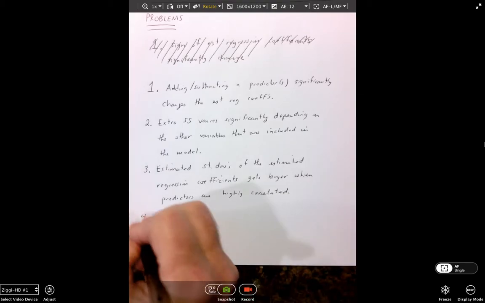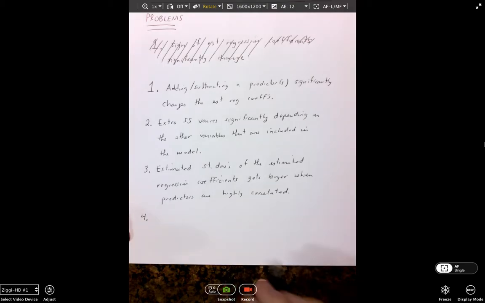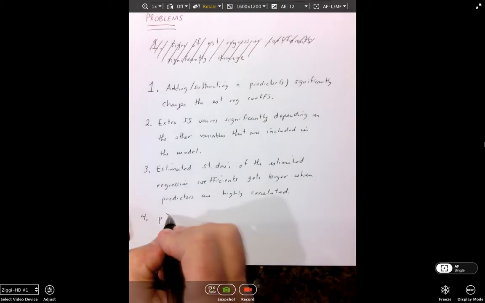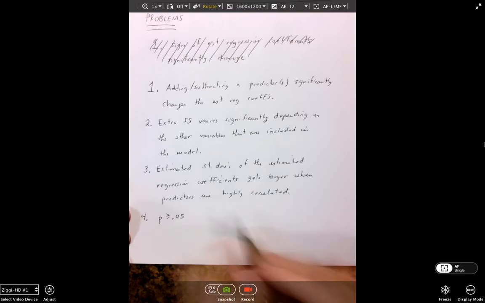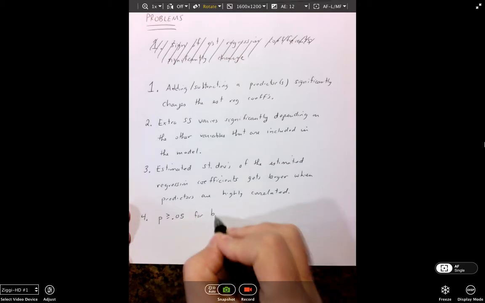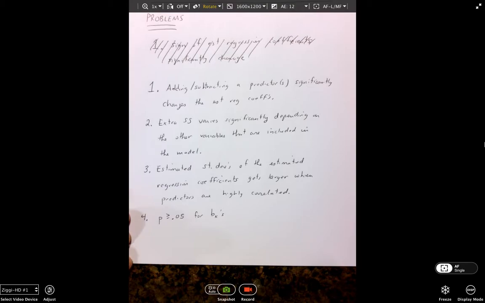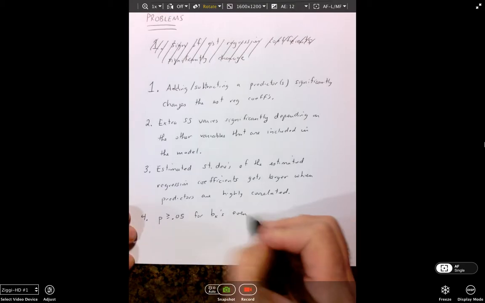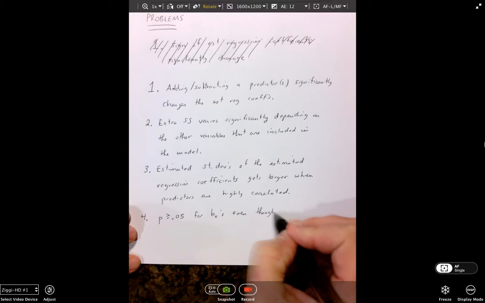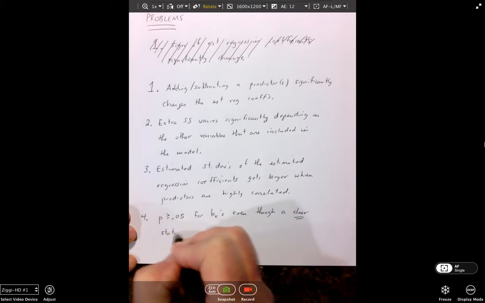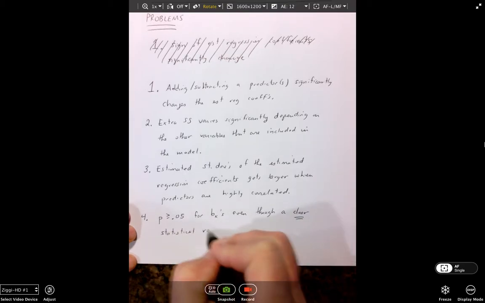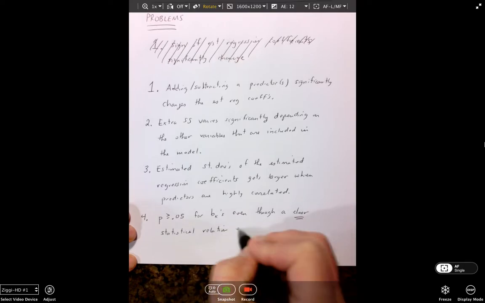And guys, the final problem is that we can get situations where a predictor is not statistically significant for certain betas in our model, even though a clear statistical relation exists.